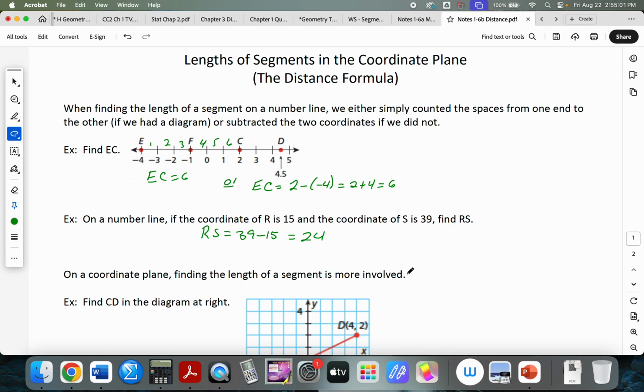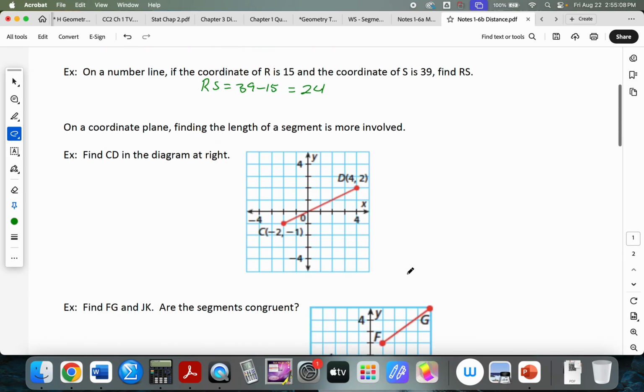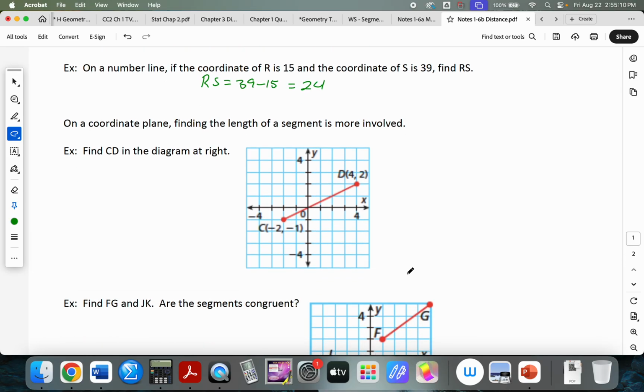On the coordinate plane, it's not quite so easy. So let's take a look. Let's find the length of CD, and I'll show you how you can do this. If it's on a graph, there's a pretty easy way to do it. What I want to do is create a right triangle that has this side as its hypotenuse.